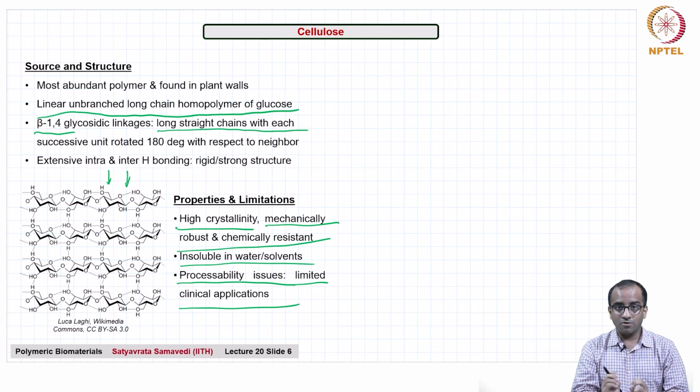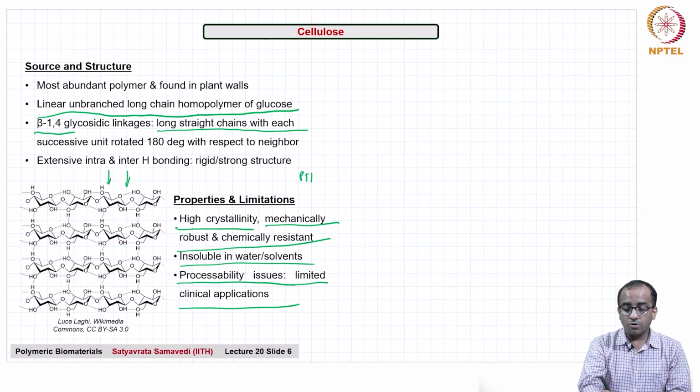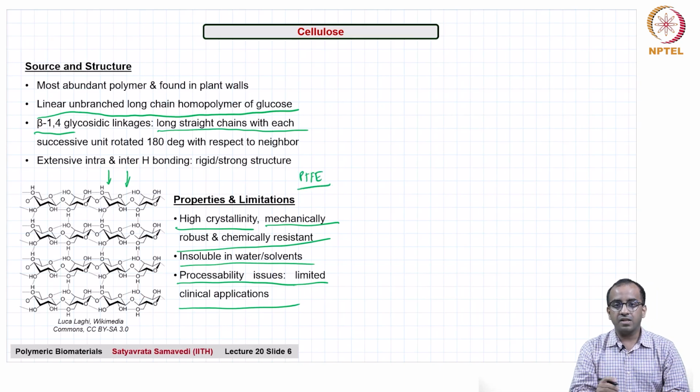If you have gone through the lectures carefully, you will be able to immediately recall that we saw a very similar problem with PTFE in an earlier lecture, where you had very similar kinds of structures, although that was a synthetic polymer, and that led to high crystallinity, extensive interchain interactions leading to processability issues.